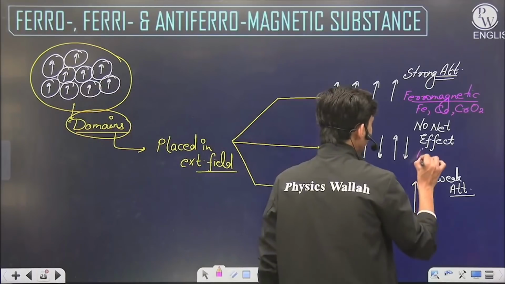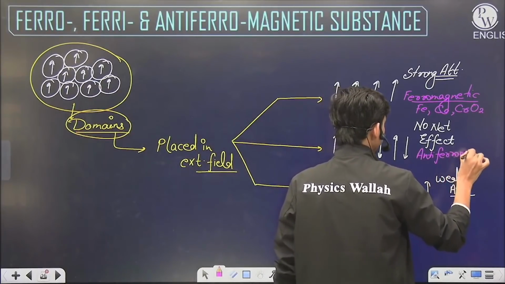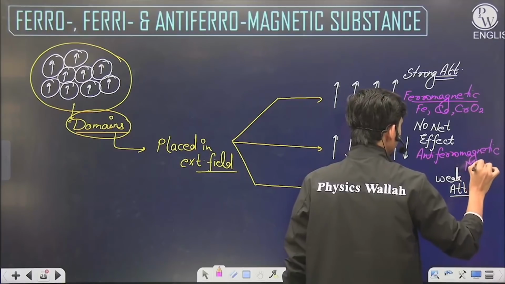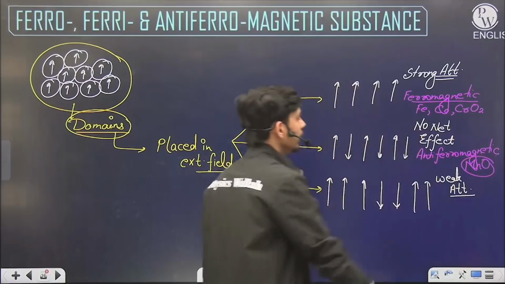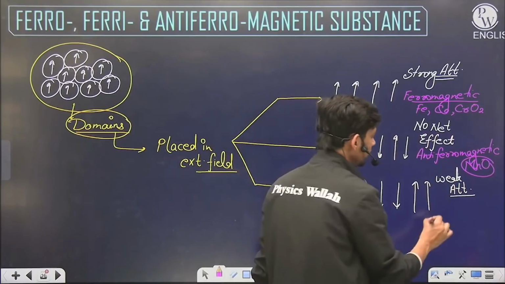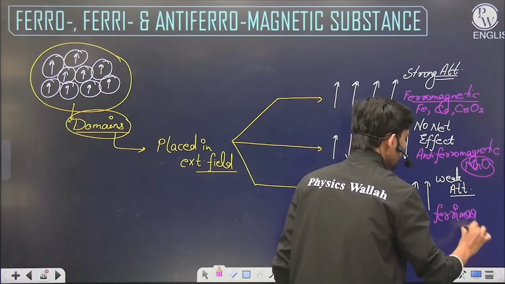Such are called anti-ferromagnetic. The most important example for this is MnO, which has been asked in various exams. And the third is weak attraction, where some of the domains are cancelled out. Such are called ferrimagnetic.